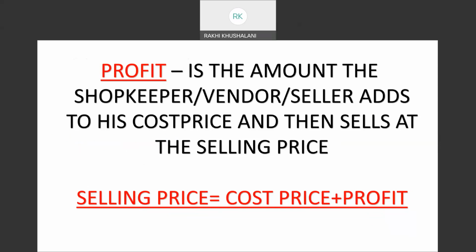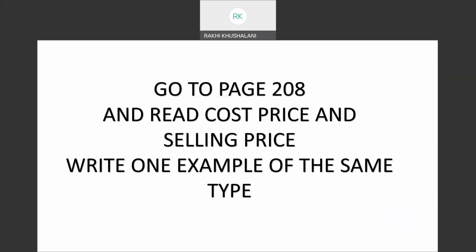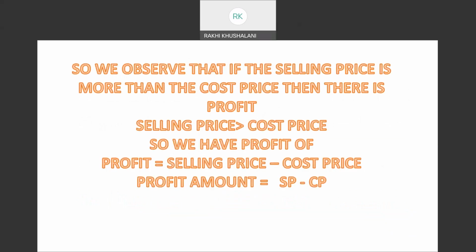So that means the selling price is actually the cost price plus profit, right? We went to page number 208 and we read the example given there, and you also came up with so many examples, and I told you to write one example of the same type in your copy, and you all responded very well. Thank you so much. Now let's move ahead.